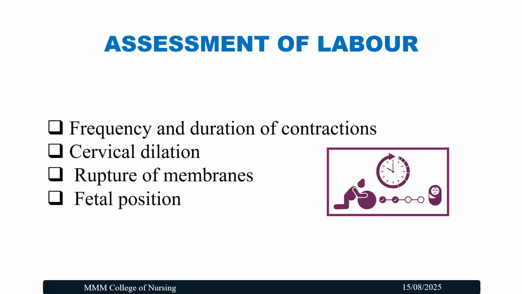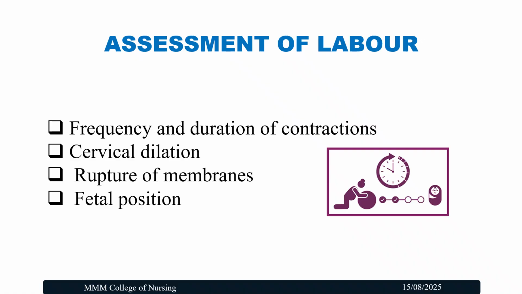So how can we assess the labor? Frequency and duration of contractions, then the cervical dilatation. The frequency and duration of contractions and all, we have to observe and record in the partograph. And the cervical dilatation, rupture of membranes, fetal positions, all those things we record in the partograph.